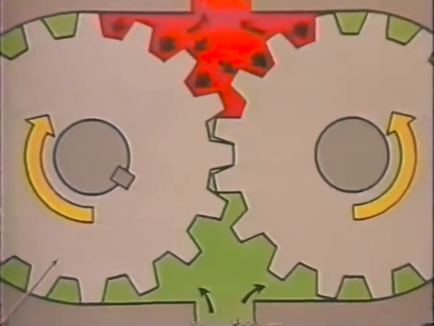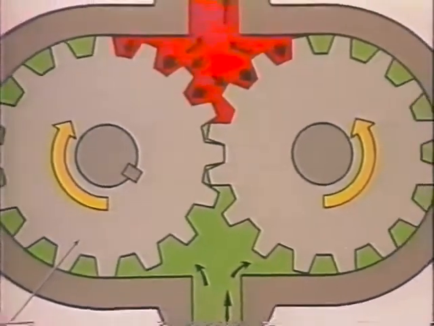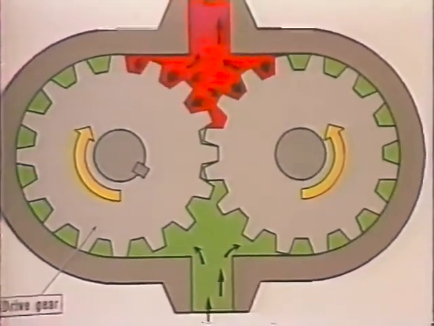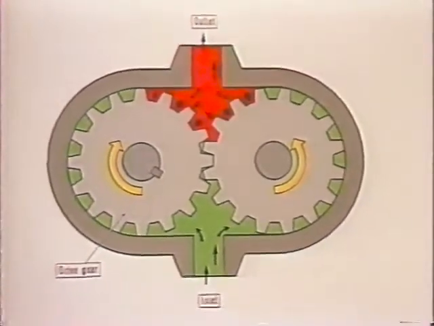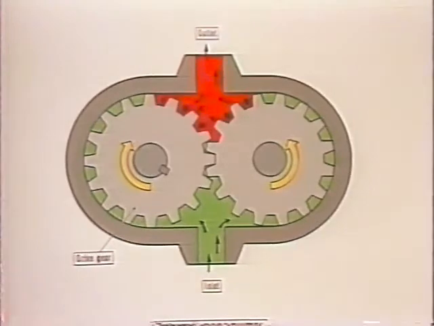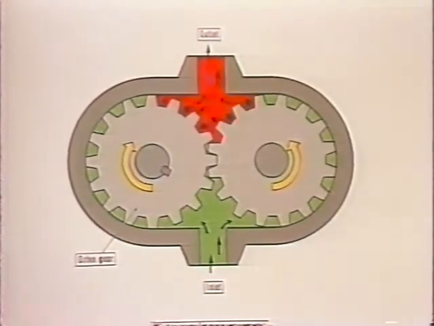Perhaps the simplest and easiest to understand is a gear pump. One gear driven by the drive shaft meshes and rotates another, called the driven gear. Both are contained within a close-fitting housing. A partial vacuum is created at the inlet as the gear teeth unmesh, and fluid flows in to fill the void.